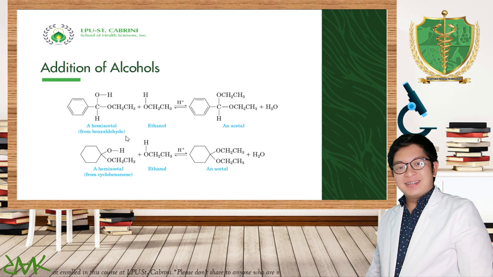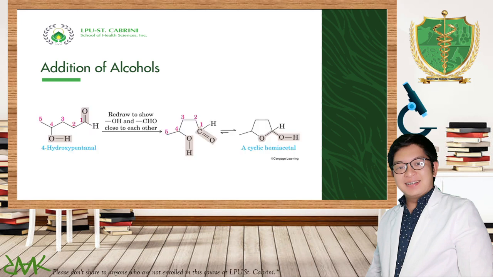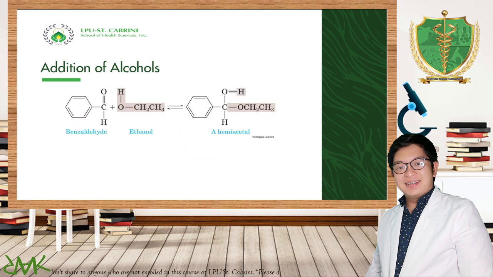Another example, we have here a hemiacetal. Let's simplify so we won't have a hard time. I will go back to the previous slide to relate it so the students won't be confused. Again, the addition of alcohol to our aldehyde or ketone will form a hemiacetal. Hemiacetal means half acetal.